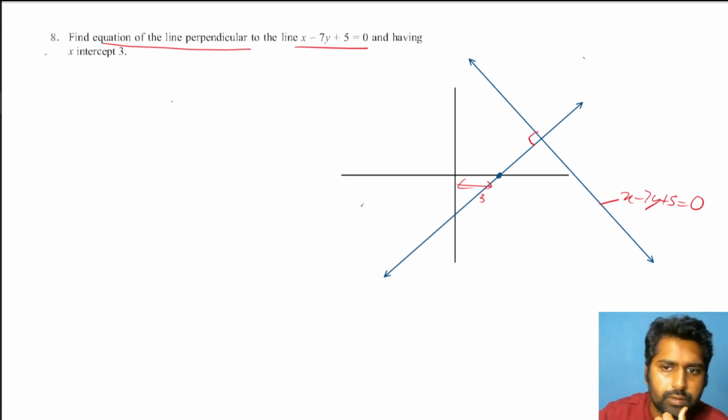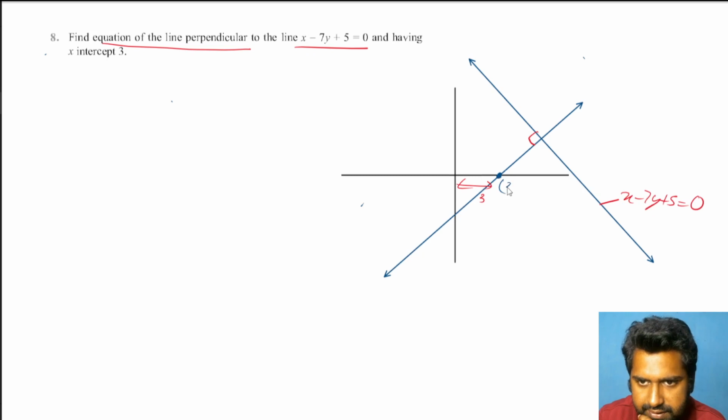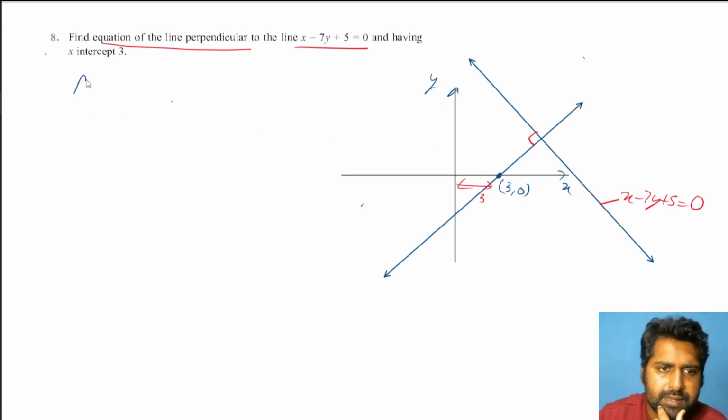Same idea. We know this is the x intercept, so we know the passing point indirectly. Is it 3 comma 0 or not? Because it is intersecting on the x axis, this point has to be 3 comma 0. So now we have a passing point.